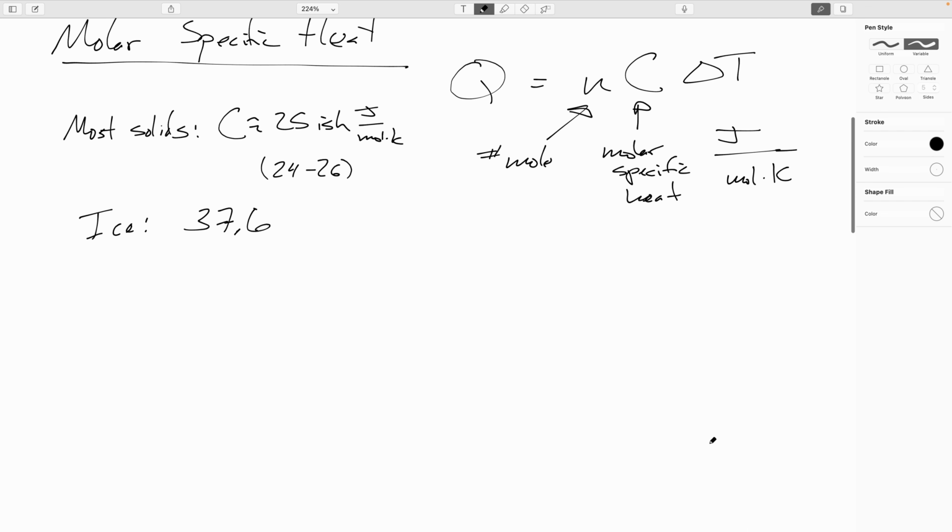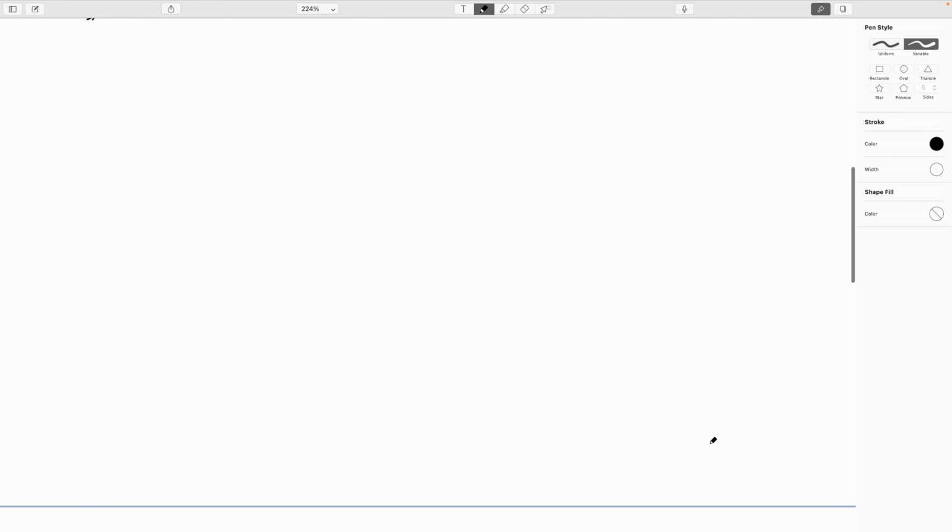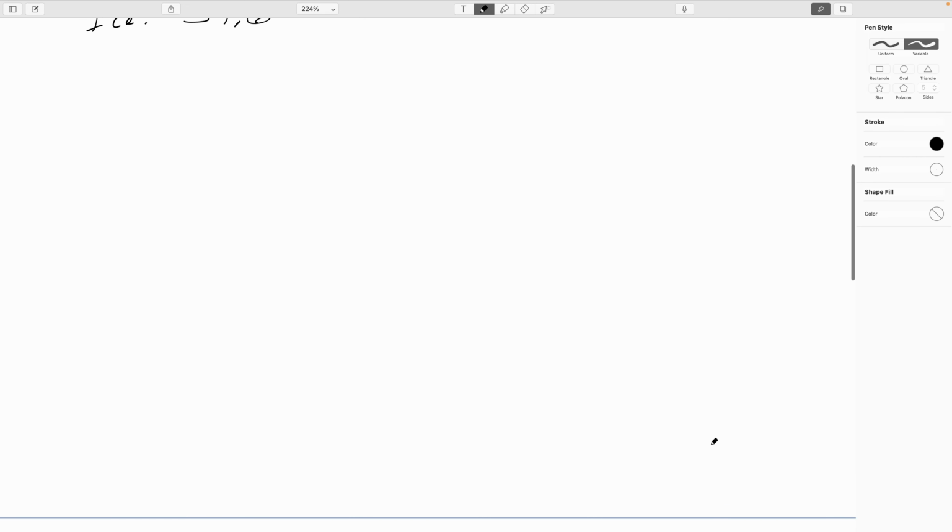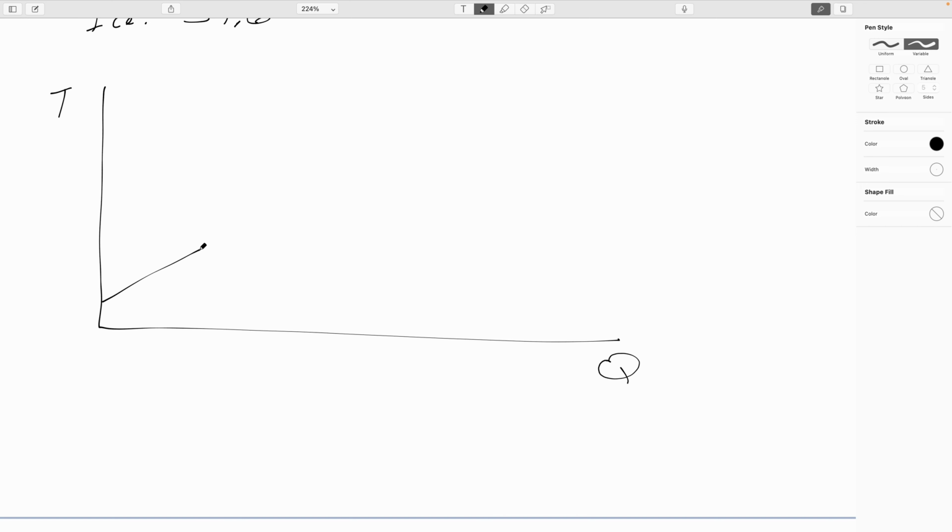Okay. Now, in addition to just changing the temperature of a substance, it's also possible that you could be having a phase change. So if this is the cumulative heat added, and this is the temperature of something, what you'll usually see is that the curve looks something like this.